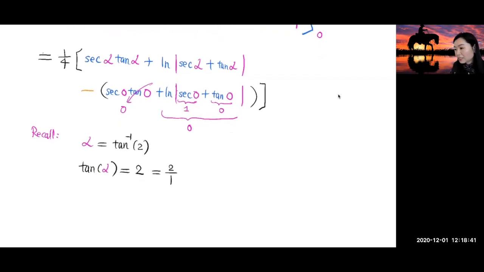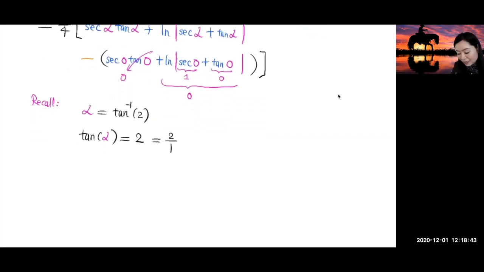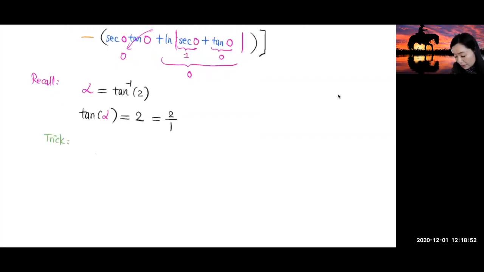Now we're going to use our trick, the right triangle. Label this angle alpha. Tangent alpha is 2 over 1, so label the opposite side 2 and the adjacent side 1. By the Pythagorean theorem, the hypotenuse will be square root of 5.